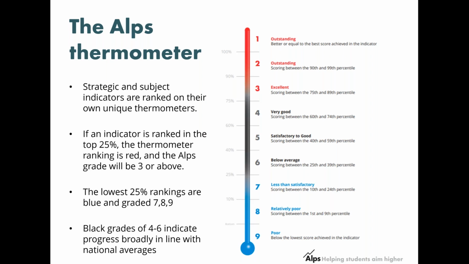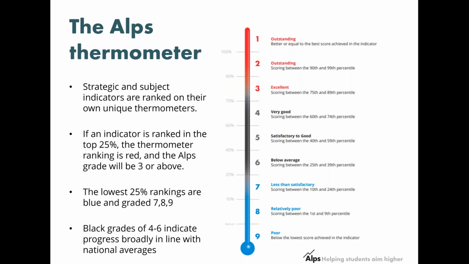So if you get an indicator that's in the top 25%, so I'll talk about how that's calculated in a moment, but if your indicator for your overall school progress is in the top 25%, then you will be red for that ranking. And your grade will be a 1, a 2, or a 3. Okay? So you're aspiring to be red.